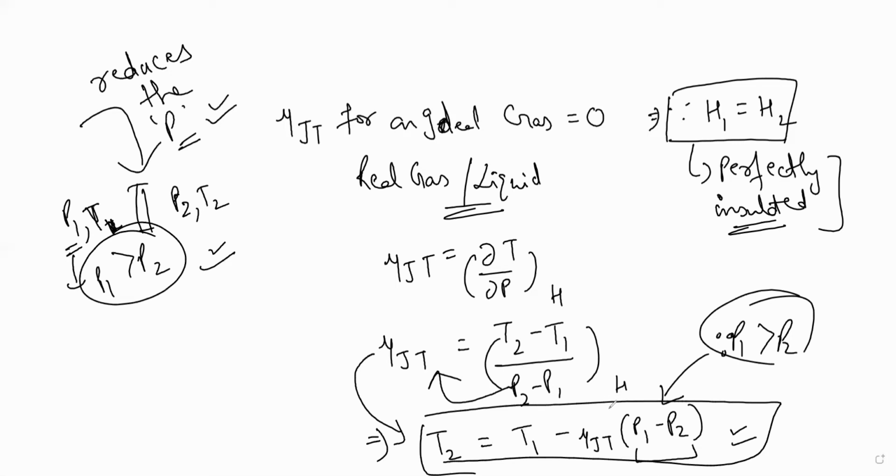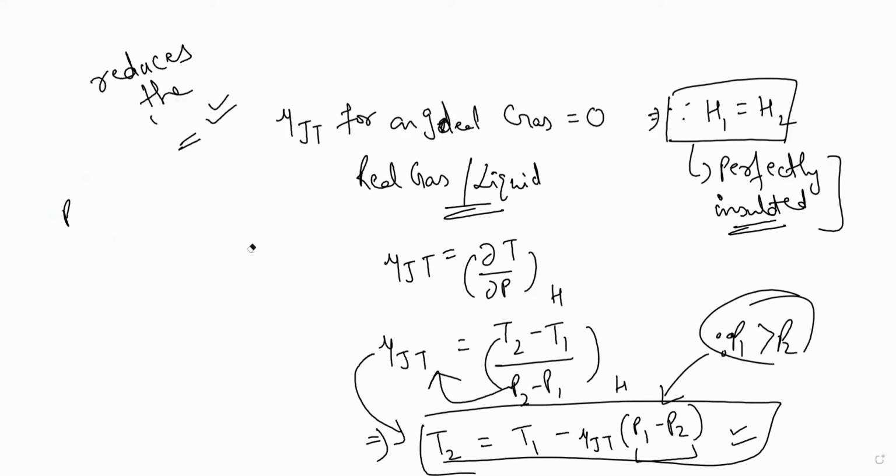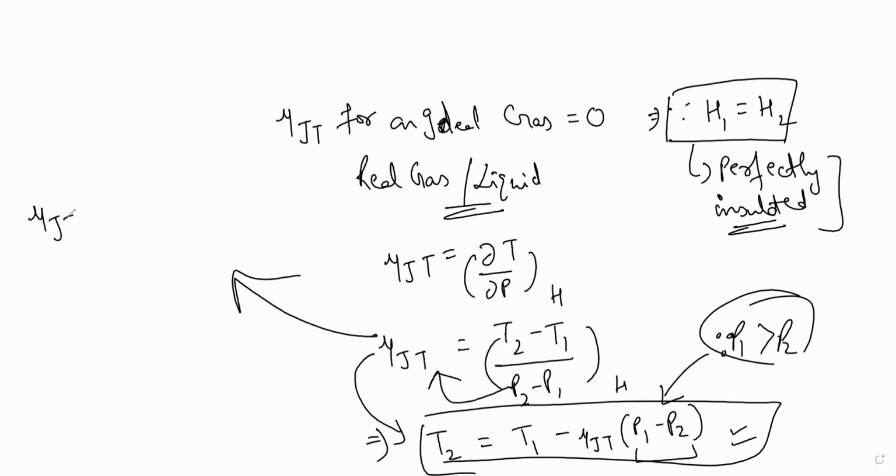Is it okay? Now, according to the equation, one thing also can be seen, observed and concluded. As you can see in this equation, mu Jt equals T2 minus T1 by P2 minus P1.